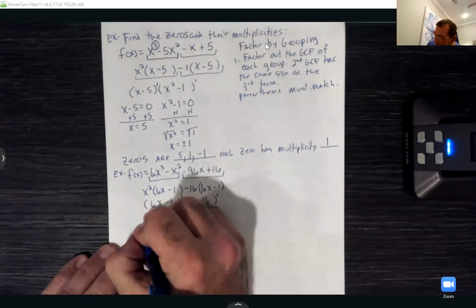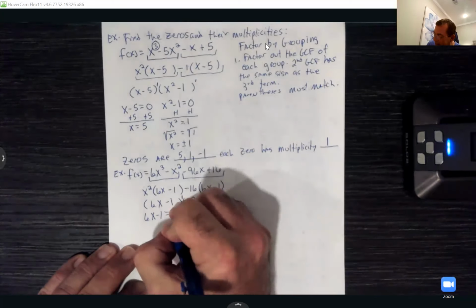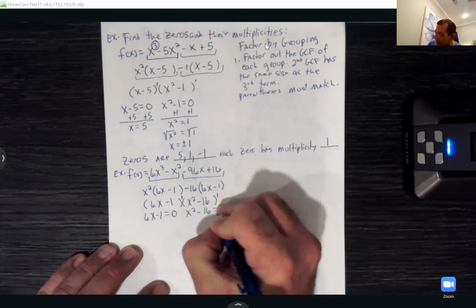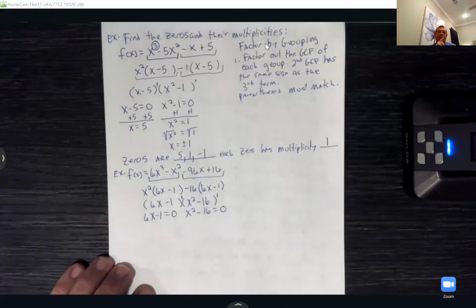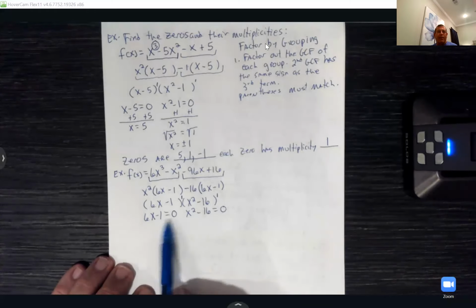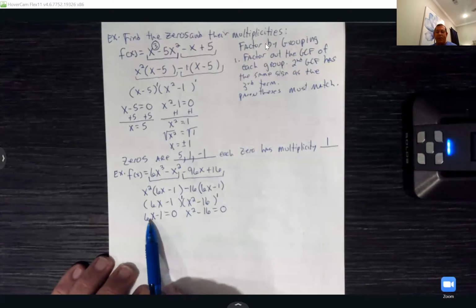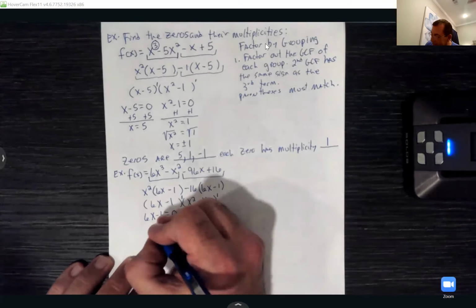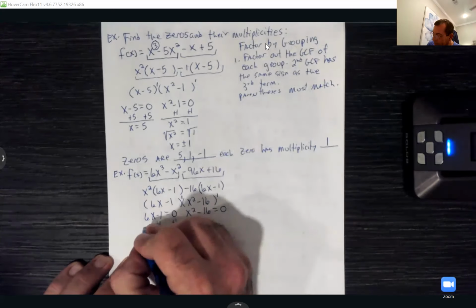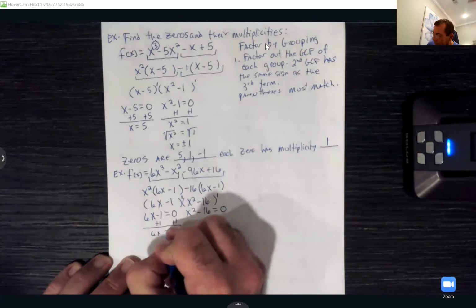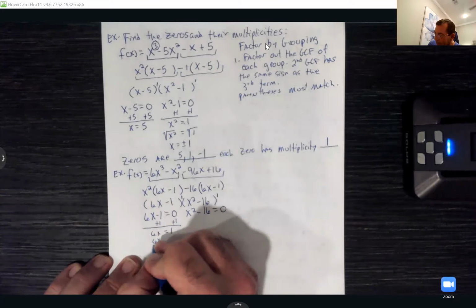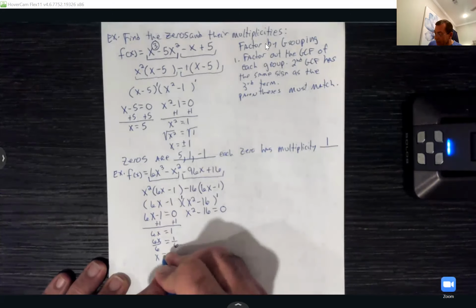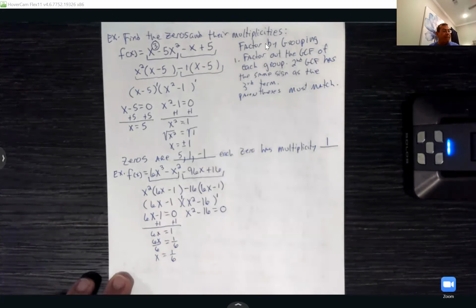All right, y'all, so here we go. 6x minus 1 has to equal 0. X squared minus 16 has to equal 0. Oh, so it looks like we got a little more work on it this time because of that number in front. So what are we going to do? Add 1 and then divide by 6. So y'all, looks like I'm getting a 1/6 on that one.